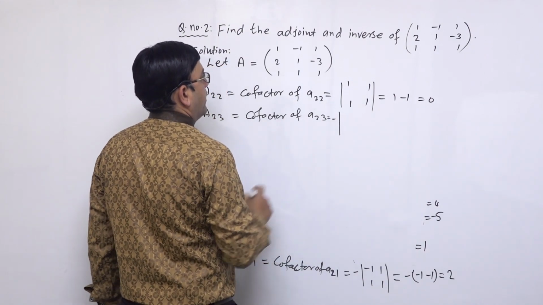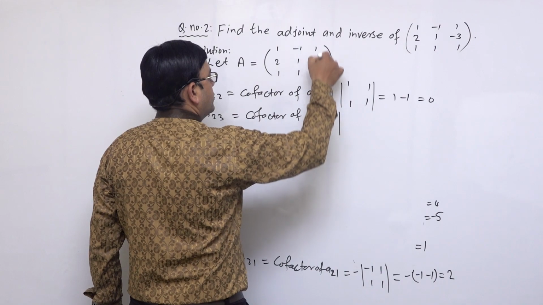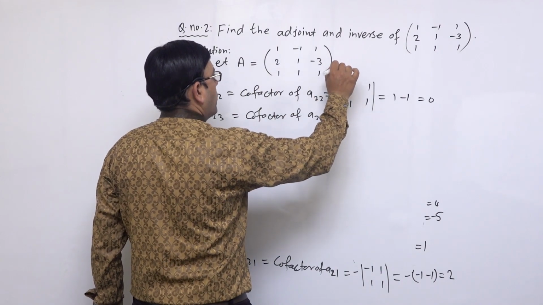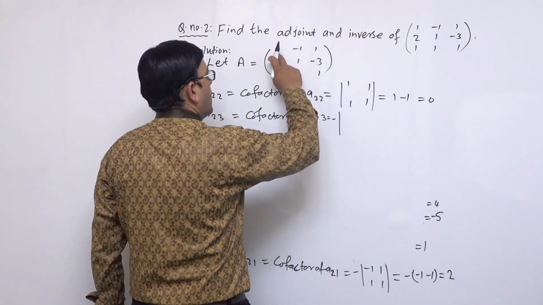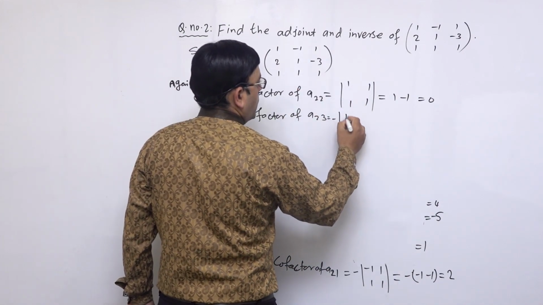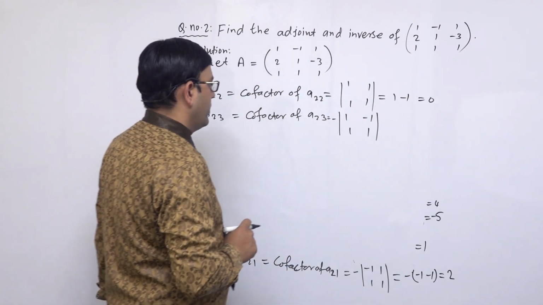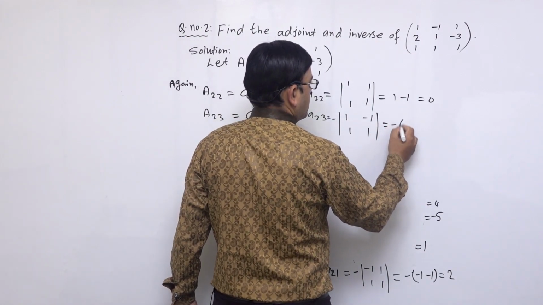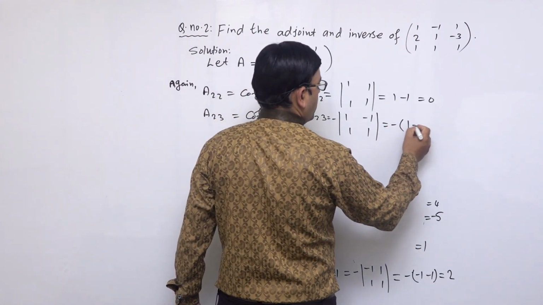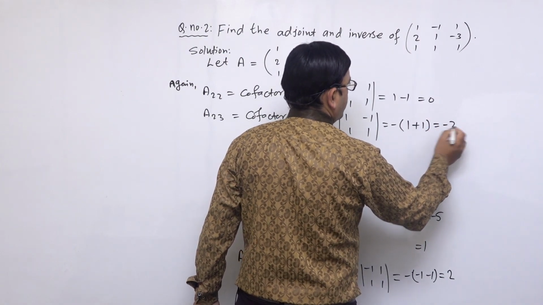This column and this row are omitted, so we need 1 minus 1, 1 1. So its answer is minus times 1 times 1 is 1, plus 1, which is minus 2.